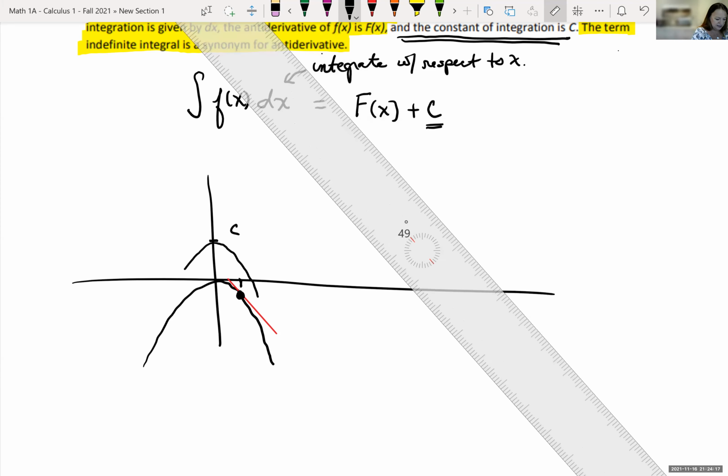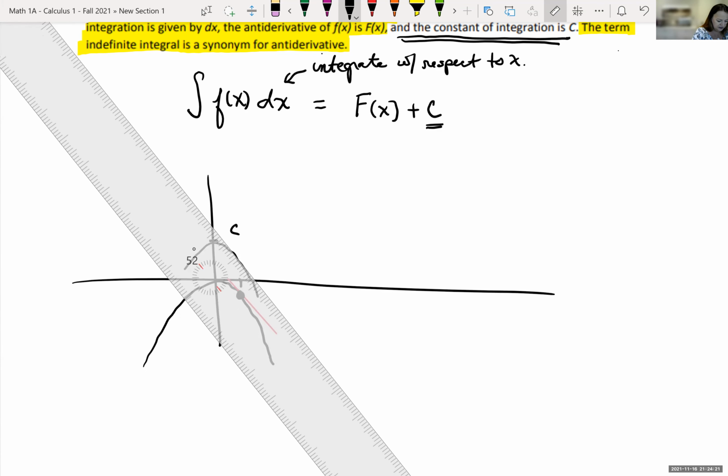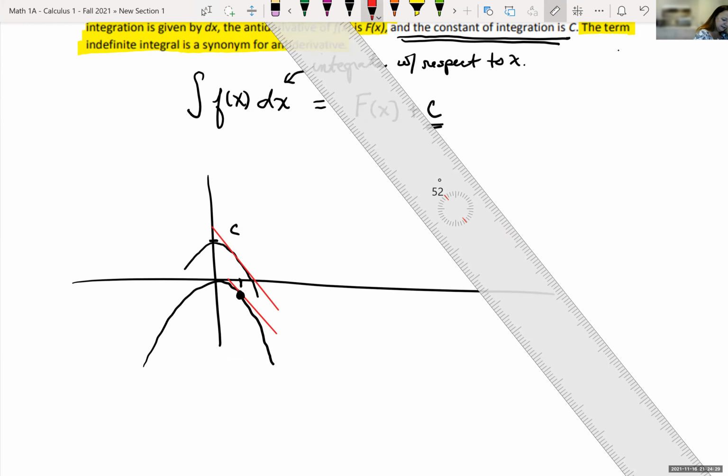And basically, when we look at the derivative function, and I wish I could draw better, at that x equals c, these should be parallel lines.